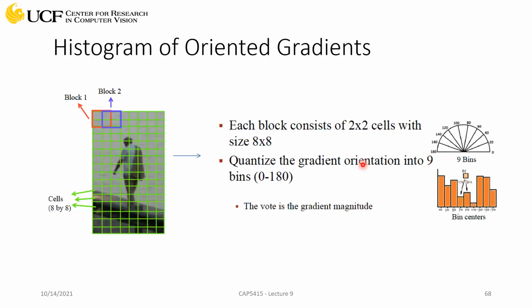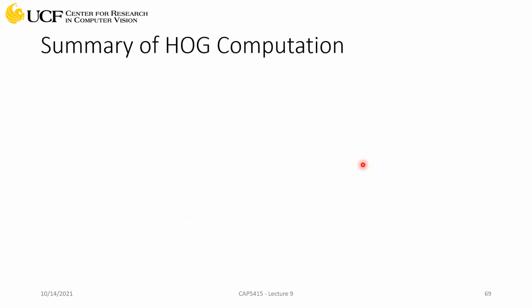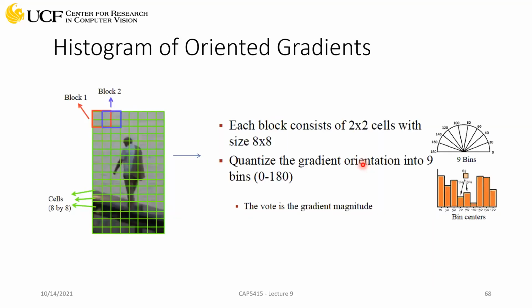All right, it seems there are no other questions. We can move forward. That was a histogram of oriented gradients. Once you know how to do this for each cell, you take a block and concatenate the histograms from all the 4 cells.